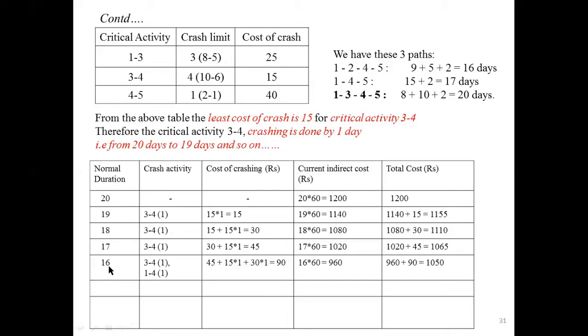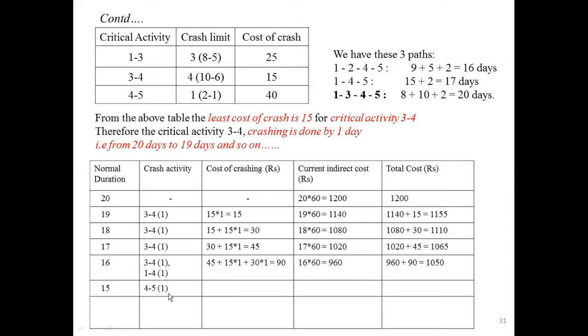At 16 days, if you check these three paths, all three paths will become parallel critical paths. At this junction, you need to check whether there is any common activity. With respect to these three paths, 4 to 5 is the common activity, so we can crash 4 to 5 by 1 day, that is for 15 days.